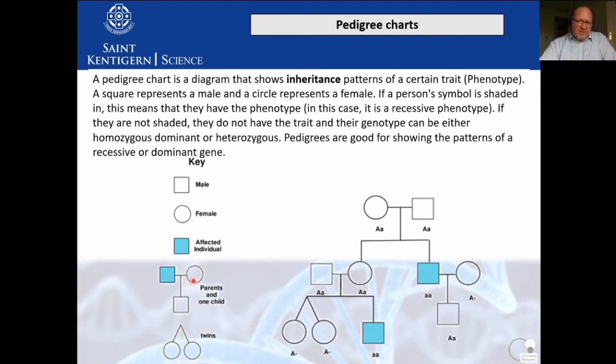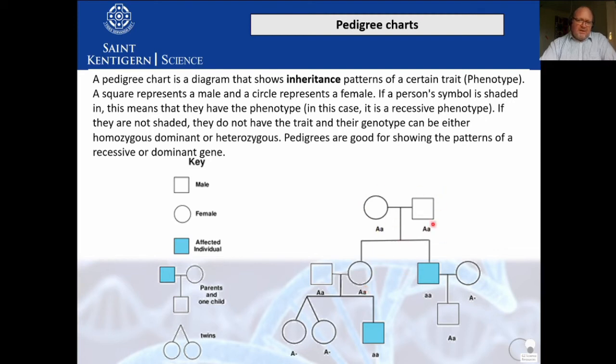Okay, so it's not always humans, but as you can see here, this is a heterozygote and another heterozygote, male and female. They have kids, one there, and one there. Now in this case, the mom or the dad could have given a dominant A allele, and the mom or the dad could have given a recessive a allele.